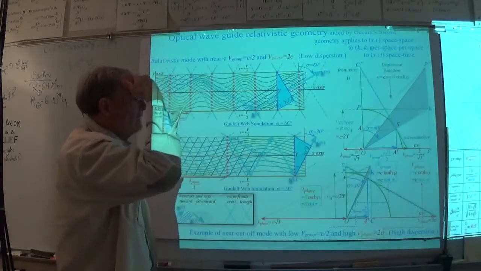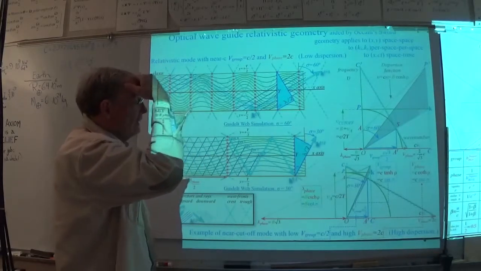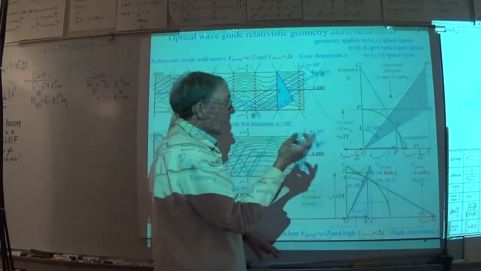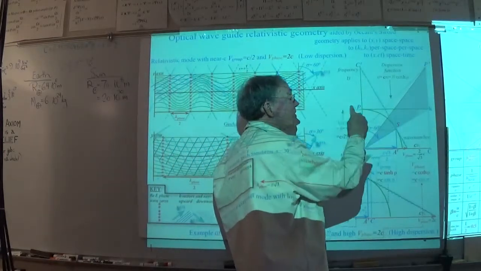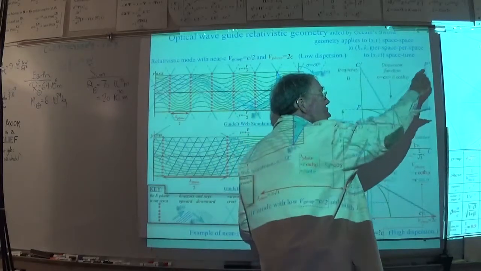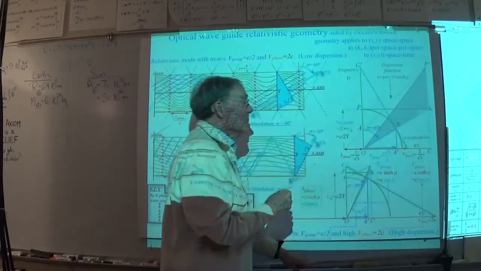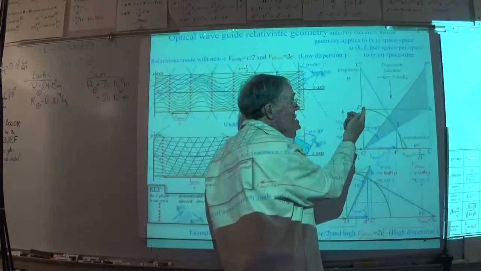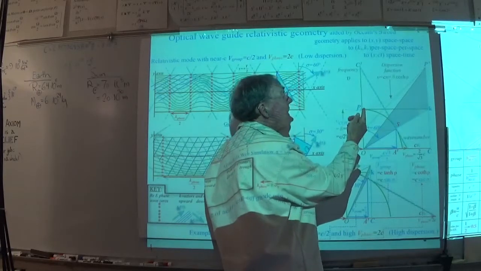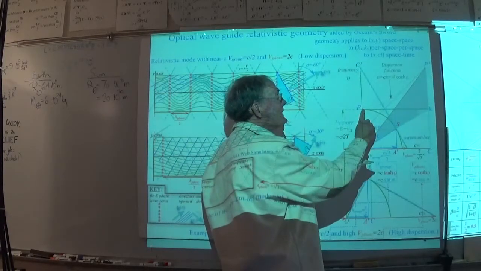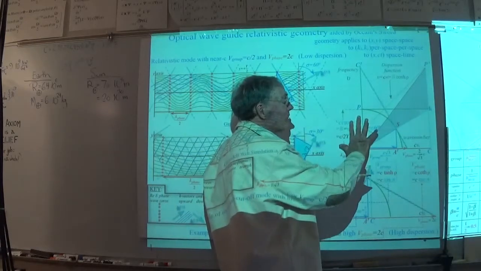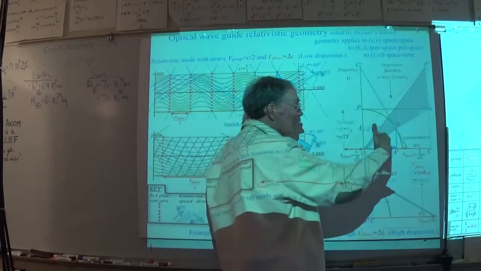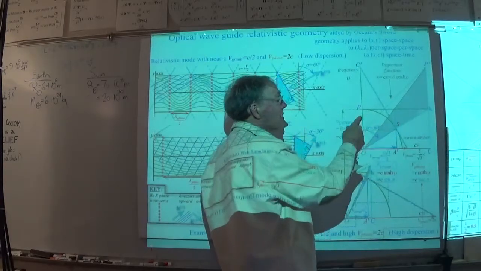So the idea of all of this is that there's the hyperbola, there's the actual dispersion function for the guide right there. It's a high-pass filter is what they call it. No frequency below there is going to do anything but make an evanescent wave at the front end of the waveguide.